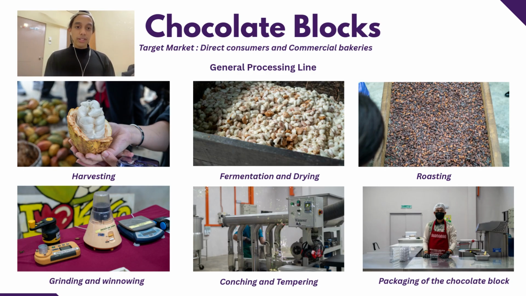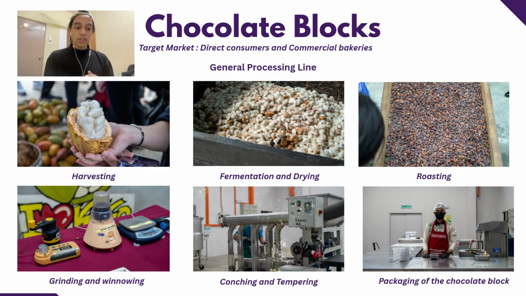Lastly, the chocolate paste will be pressed, separating the cocoa butter from the solids. The butter will be recombined with sugar and cooked at a temperature between 60 degrees Celsius and 90 degrees Celsius. This will enhance the texture and flavor.